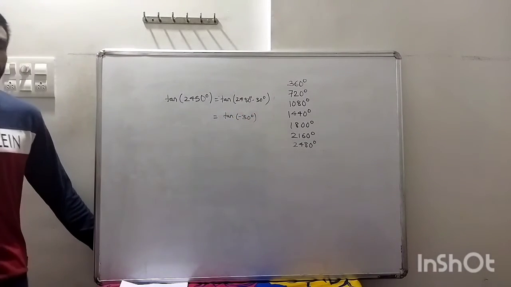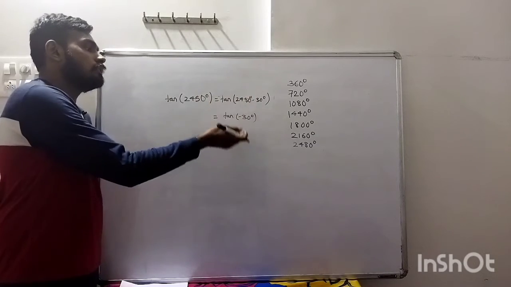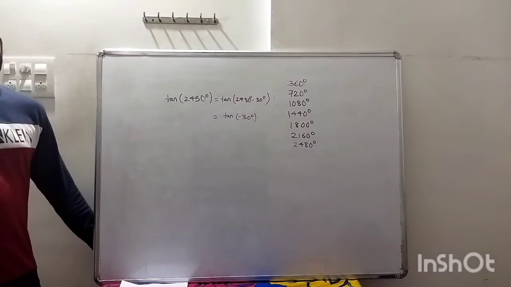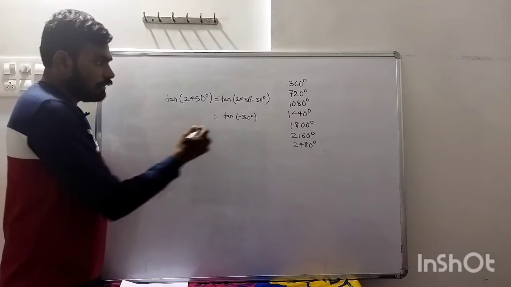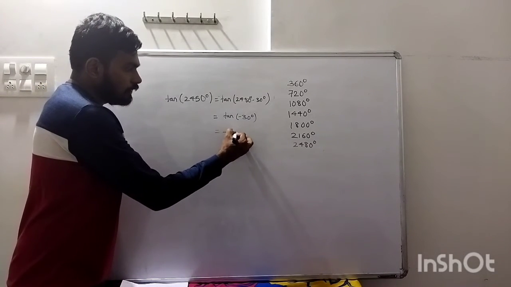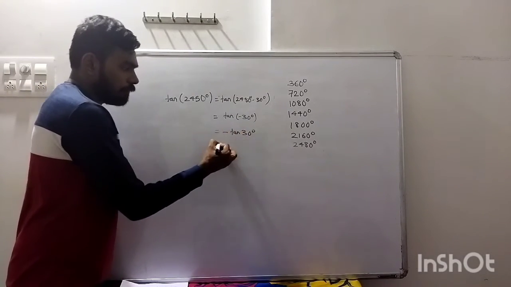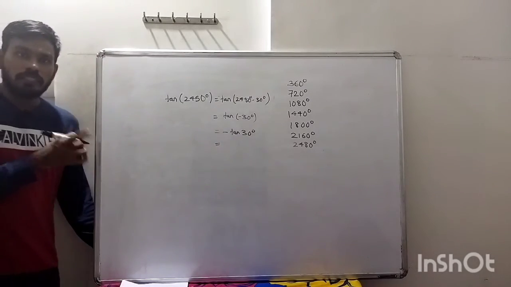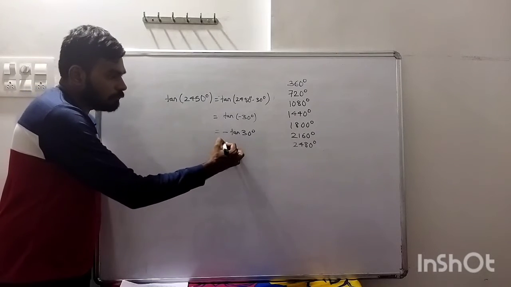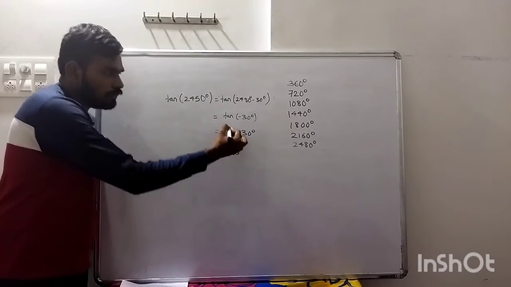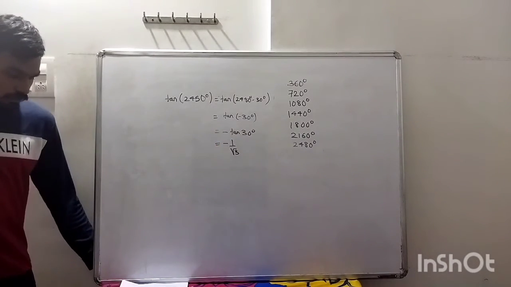Tan of 2n pi plus theta is the same as tan of theta. Now tan of minus 30 degrees is minus of tan of 30 degrees, correct? Only for cos and sec this sign won't come out. For all the remaining, the sign will come out. This will be minus 1 upon root 3. Understood?